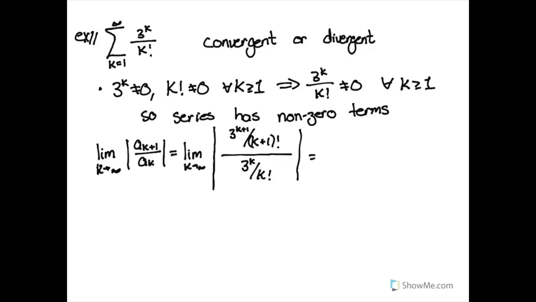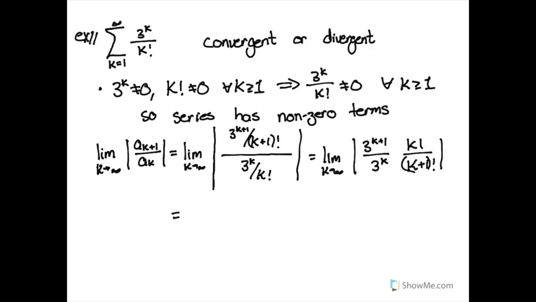Simplifying this, I get that this is equal to the limit as k goes to infinity of 3 to the k plus 1 over 3 to the k, times k factorial over (k plus 1) factorial.